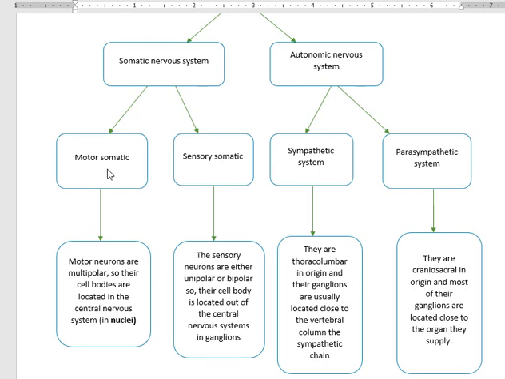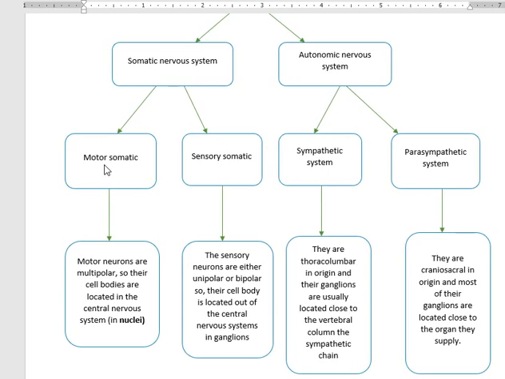So you realize that any tissue or any nerve which is comprised of motor neurons is going to have the cell bodies of the motor neurons in the central nervous system, that is in nuclei and not in ganglia. So all the cell bodies of motor neurons are found inside the central nervous system at the level of nuclei and not in ganglia. So nuclei.